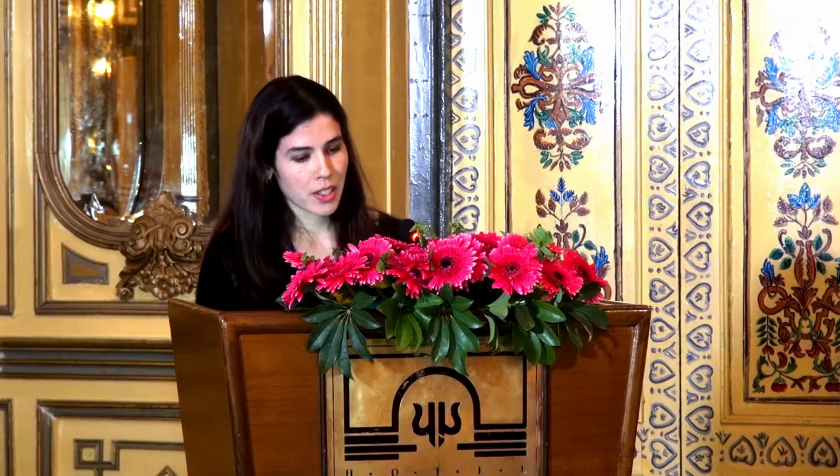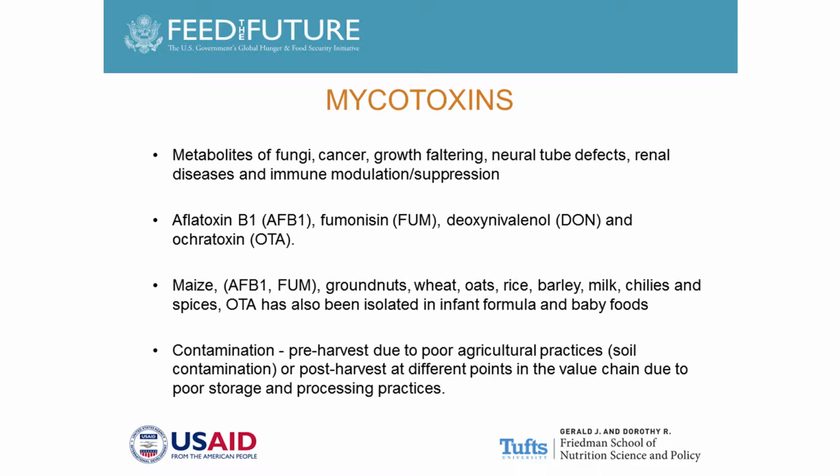So a lot of this has been discussed already, but mycotoxins are the bigger group of toxins. So aflatoxins is just one type of mycotoxin. And they've been linked to a lot of different health issues. So for example, cancer, aflatoxin B1 is carcinogenic. It's declared a carcinogenic type 1, so there's a lot of evidence of its link to cancer.